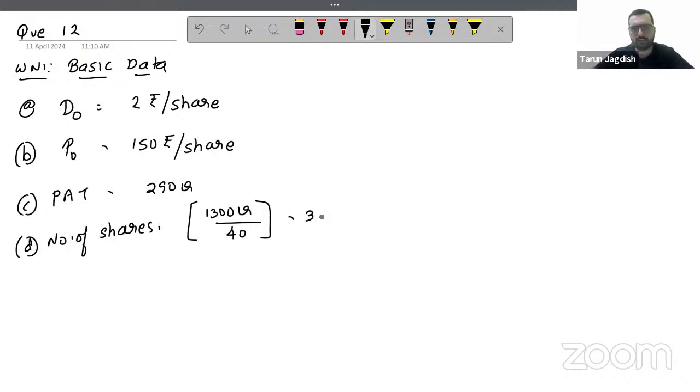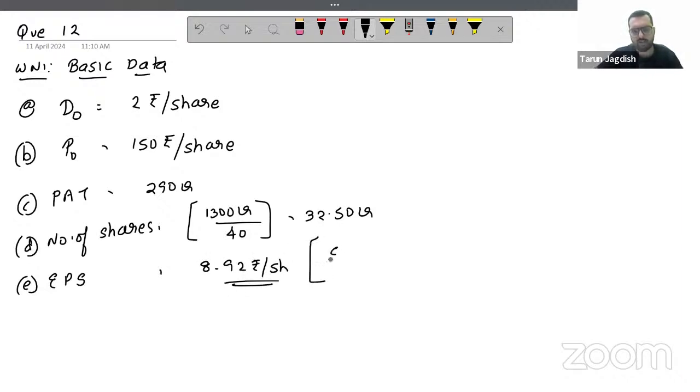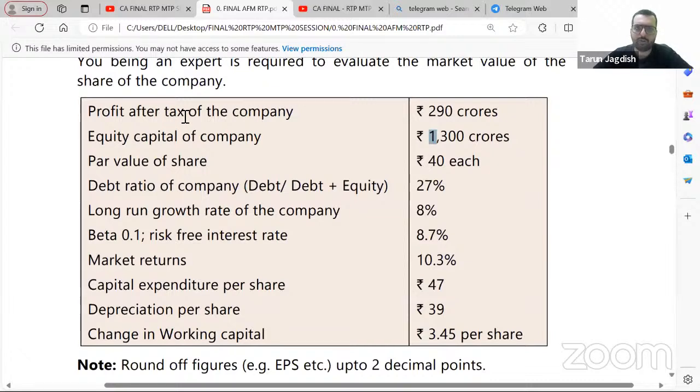So do you get the answer as 32.50 crore? From this, I can find out the EPS. I get the answer as 8.92 rupees per share. Okay. I call it E0 now. It is the earnings for year 0. That's because profit after tax means it's the actual profit of the company.